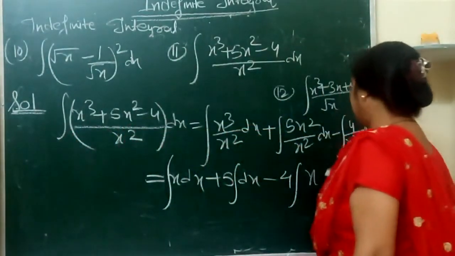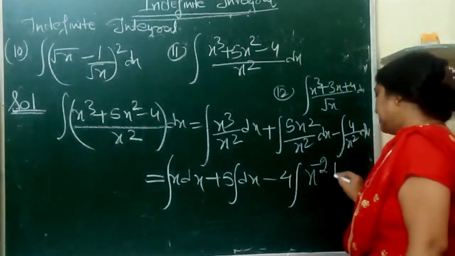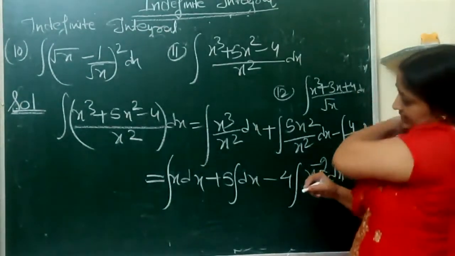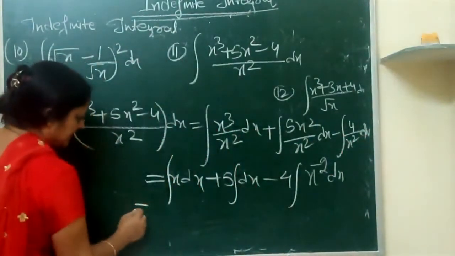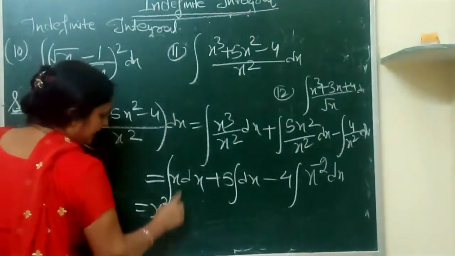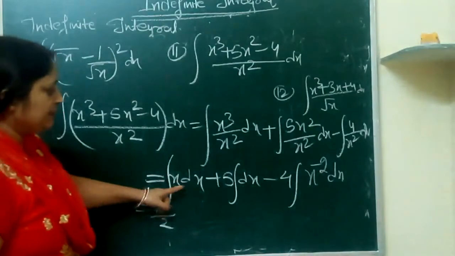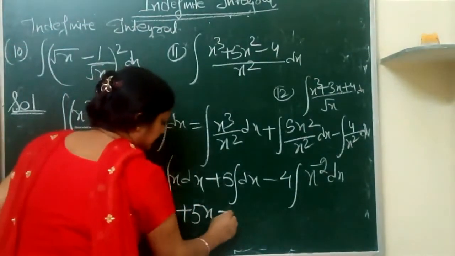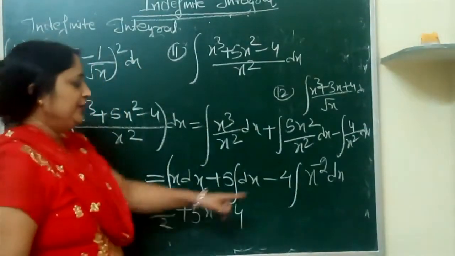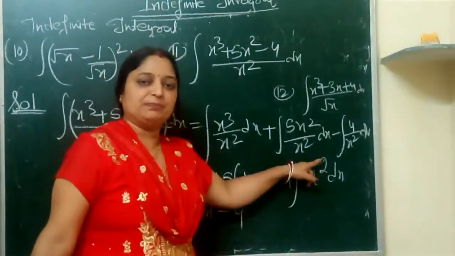Take this 1 upon x square; we can write it as x raised to power minus 2 dx. After that integration of x dx is x square upon 2. We are applying here x raised to power n plus 1 upon n plus 1, plus 5x minus 4. Here x raised to power minus 2.